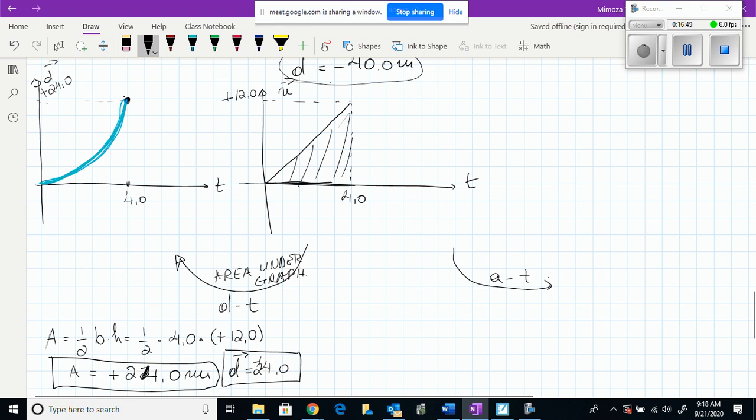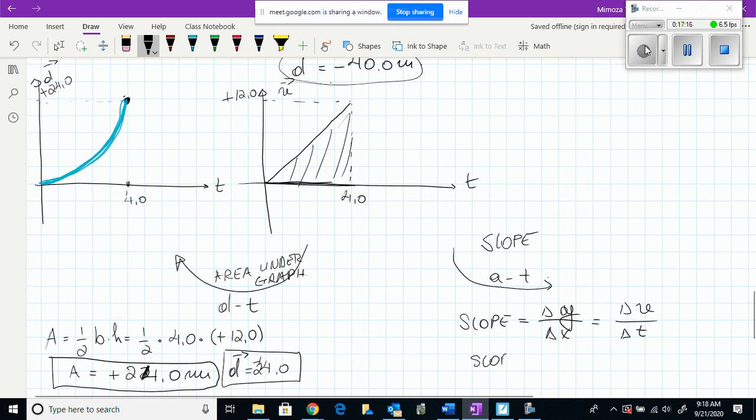And now, in order to construct the acceleration time graph, we have to calculate the slope of the graph. So now the slope, like any slope, is delta y over delta x. Our y is the velocity, and our x is time.